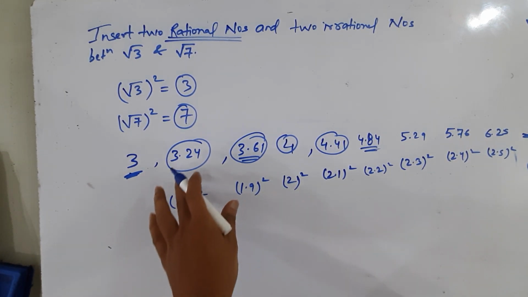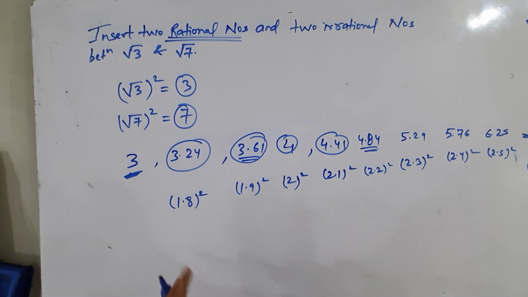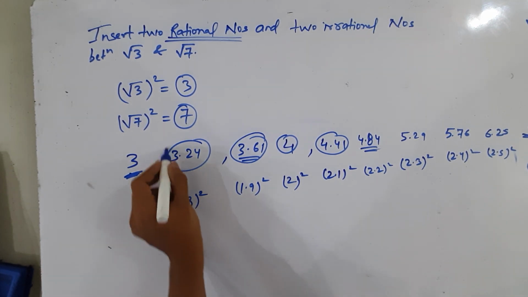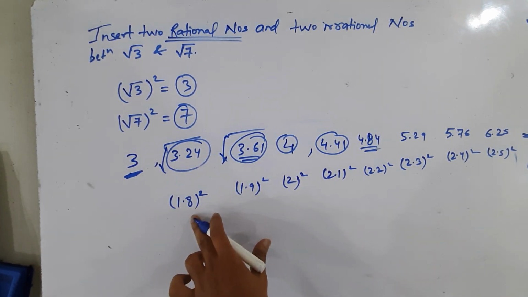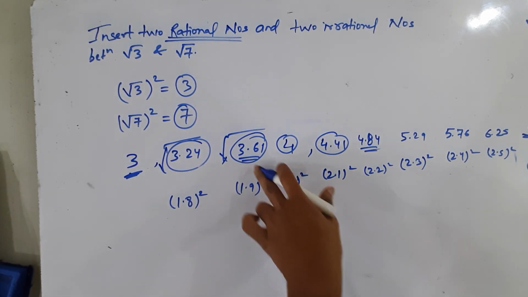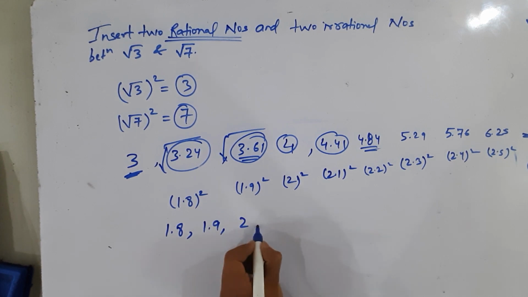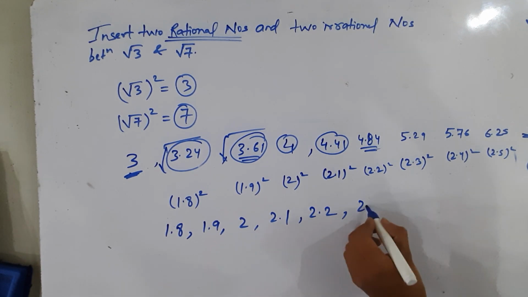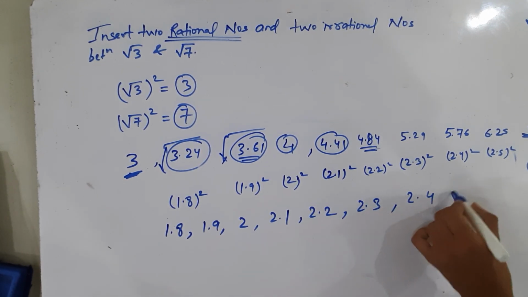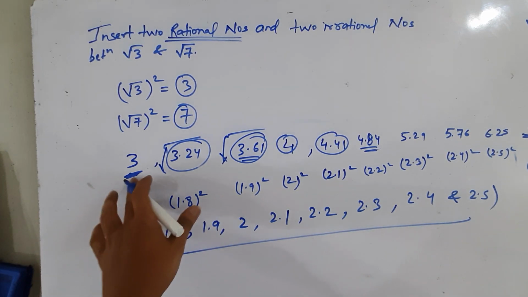If we take the square root of any of these numbers, that will be a rational number. The square root of 3.24 will be 1.8, the square root of 3.61 will be 1.9, and so on. So these are the rational numbers, that is 1.8, 1.9, 2, 2.1, 2.2, 2.3, 2.4 and 2.5, which come between root 3 and root 7.